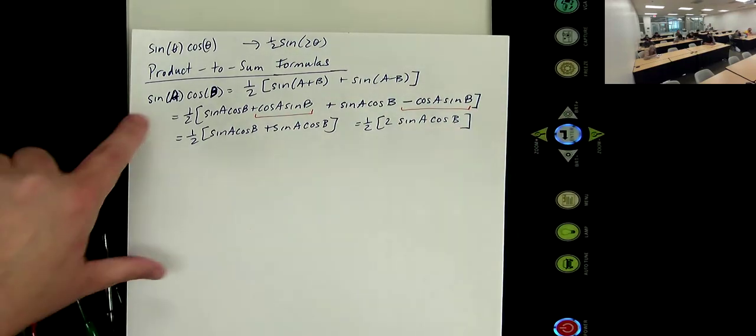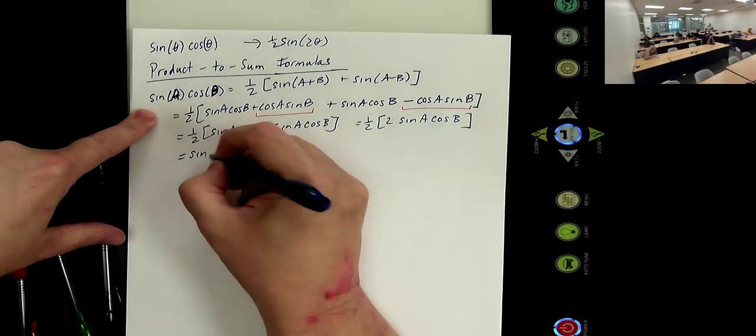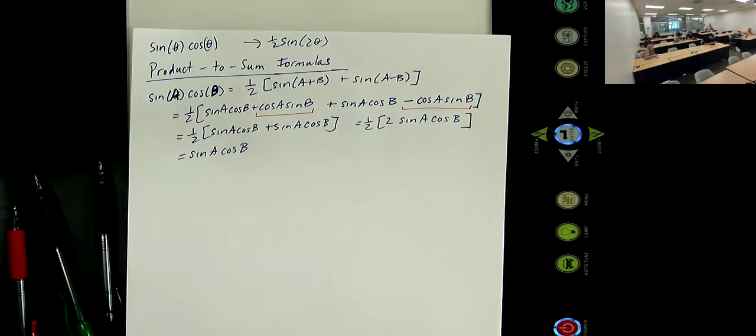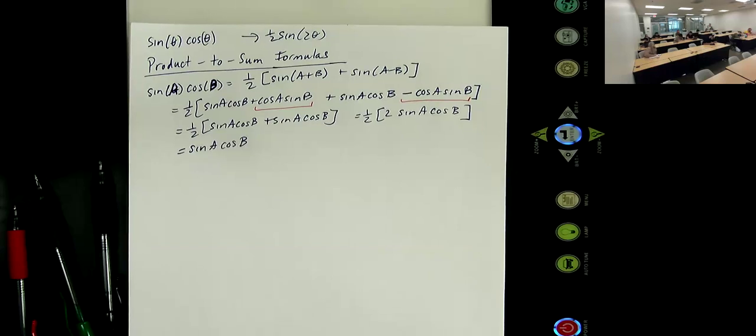And we do get sine A cosine B. That's what I wanted to do, the derivation of one of the formulas for you, that's where they come from. Let's just list the formulas in general, and we got a chance to write those down.